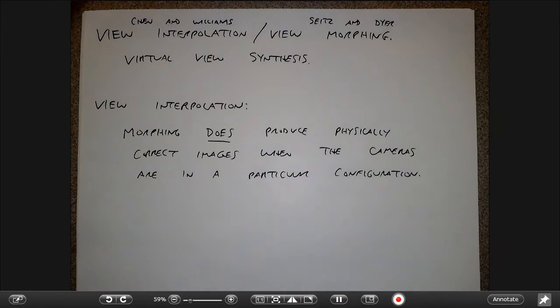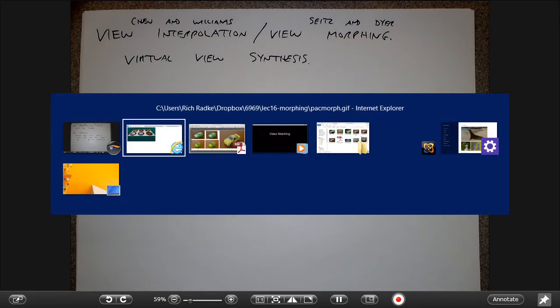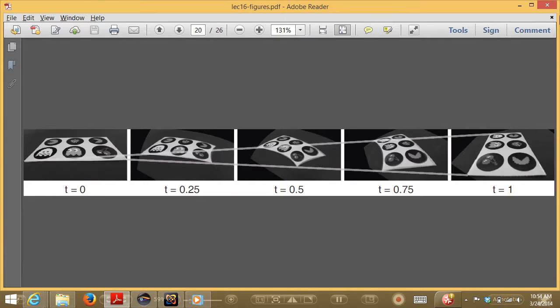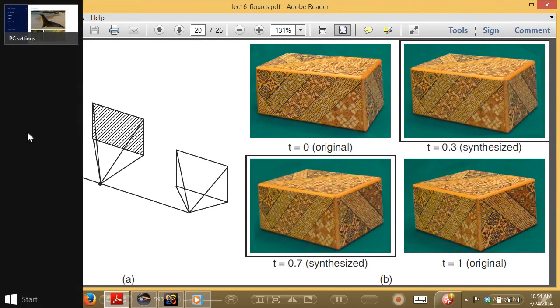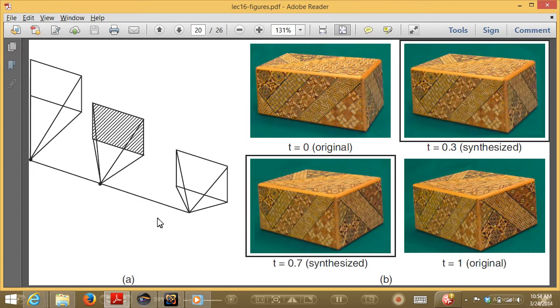What do I mean by that? Well, this is the configuration that we're talking about, right? So for this to work, here these white boxes are the original camera viewpoints, and the striped box is the thing that I'm generating with my interpolation and morphing, right?